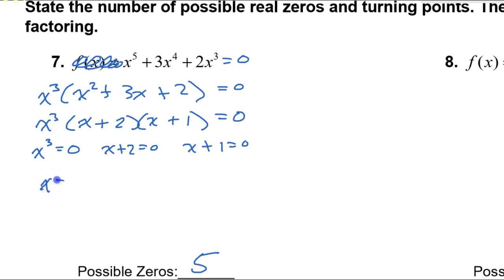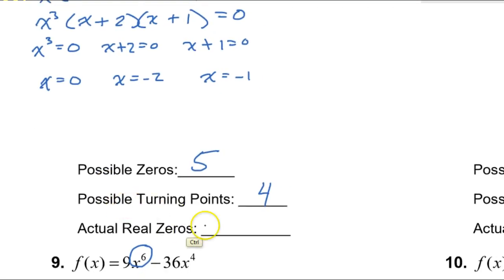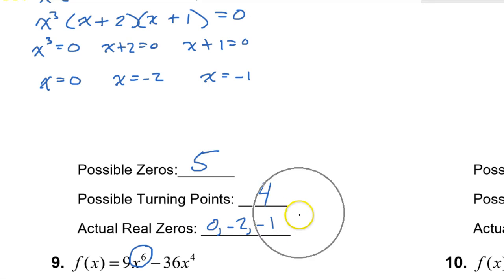So this is going to give me x is equal to 0, and x is equal to negative 2, and x is equal to negative 1. So these are the actual zeros: 0, negative 2, and negative 1. Okay, so we had 5 possible zeros, but only 3 actual zeros.